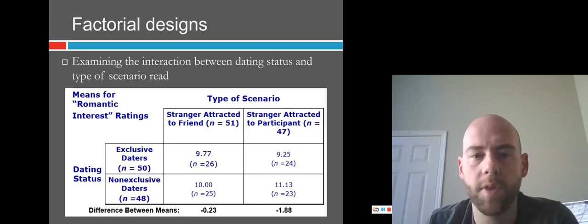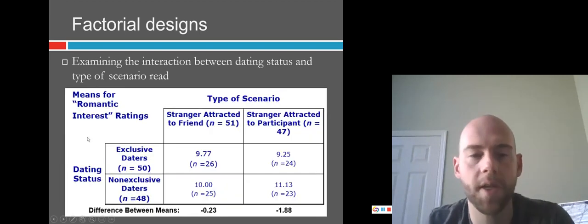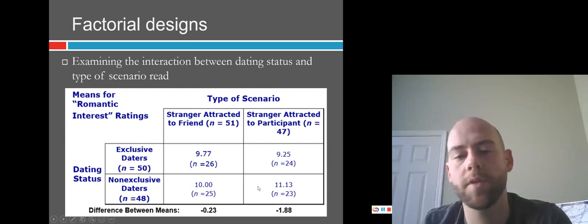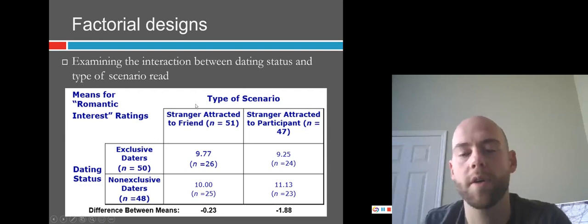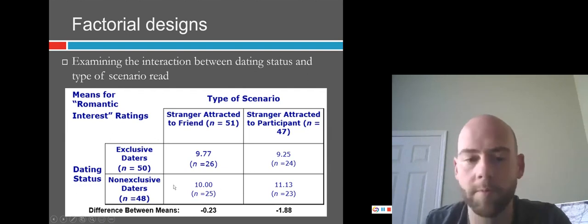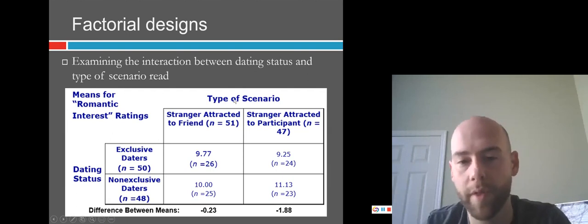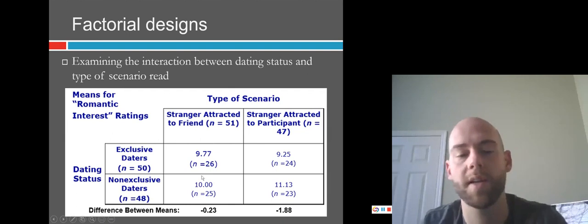So just to talk real briefly again about the way you can look at the means. Remember this 2 by 2 that we've been working with of dating status crossed with type of scenario. If you wanted to look, for example, at whether dating status makes a difference within these scenarios, if you look at stranger attracted to friend and look at the difference between dating statuses, there's not really much going on there, right?